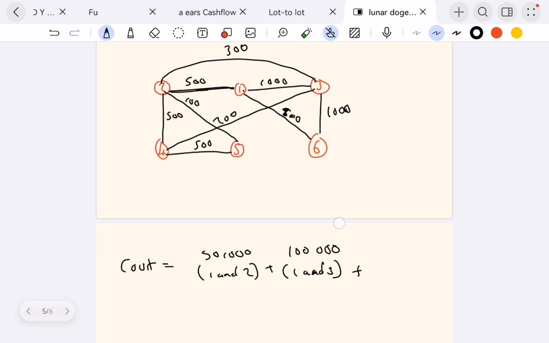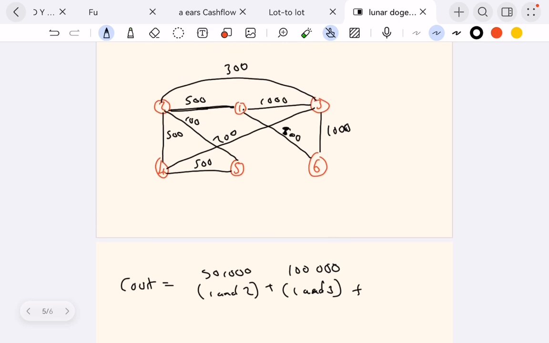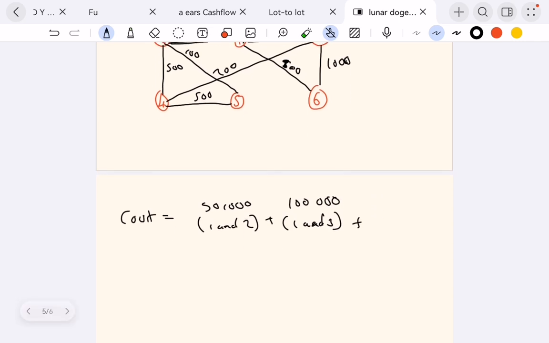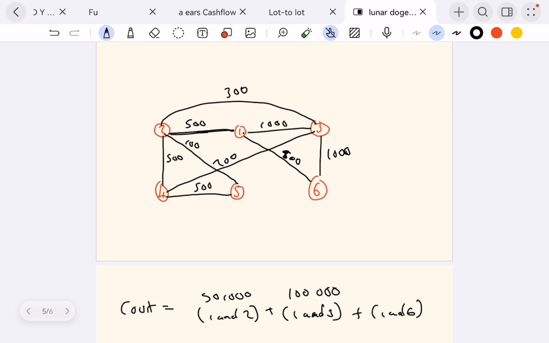Plus, it will be 1 and 6. So how much? So when you see 1 and 6, it has just moved.